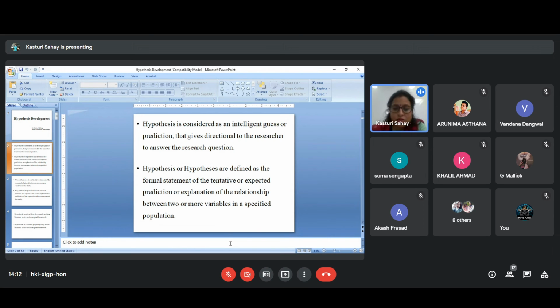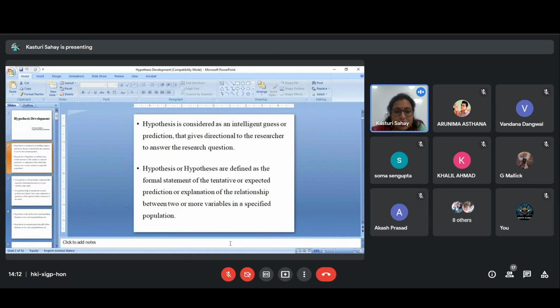So basically, you start your research with the unanswered research question that defines your research statement or your problem statement. In between, after doing a bit of survey and a bit of literature review, you are now in a position to make a guess.